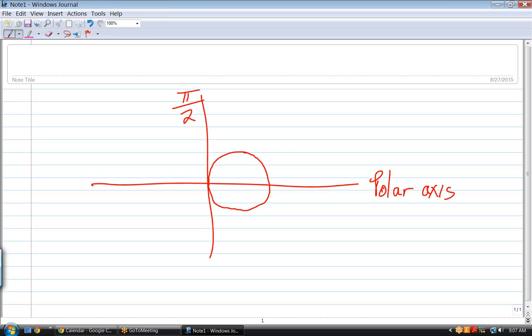Clearly, if we revolve this around the polar axis, we would have a sphere. I think. Yeah, I think so. If we revolve it around the pi over 2 theta axis, we get a donut shape.